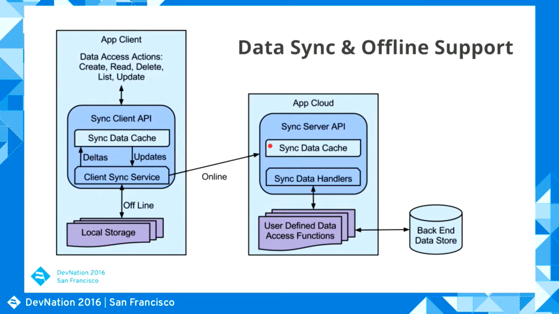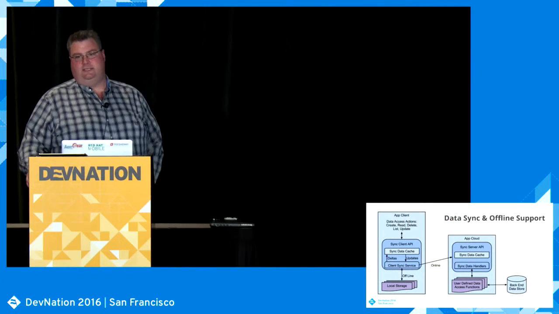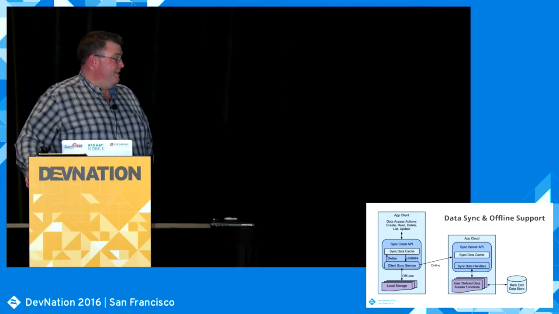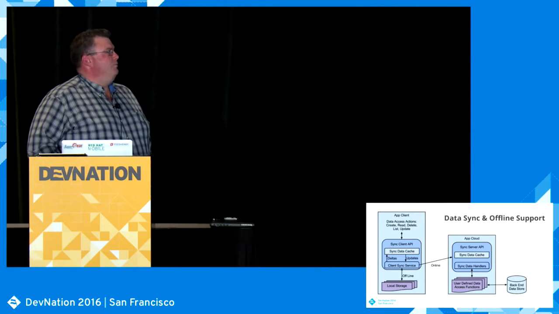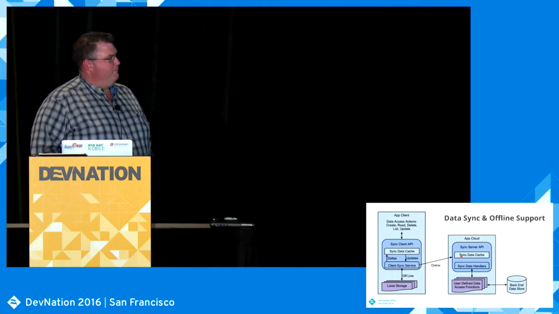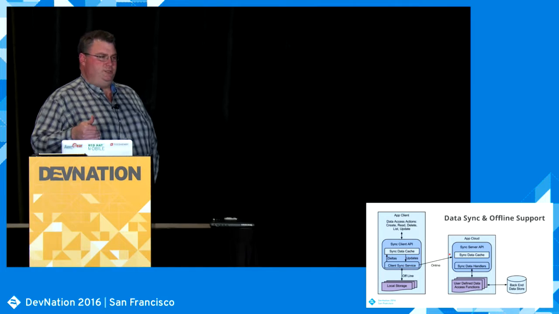Now, I'm sure most of you are probably saying, but what happens if the data changed? Right? So you get a data collision. So you have to be able to handle data synchronization collisions. And that's where we have different ways of resolving that. There are different events that can trigger if there's a data collision.